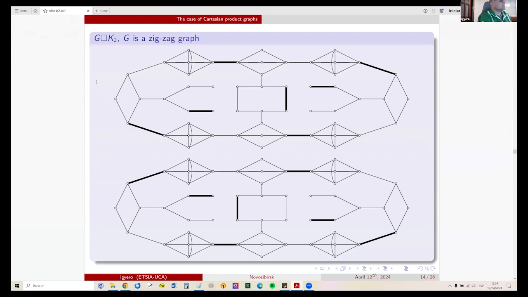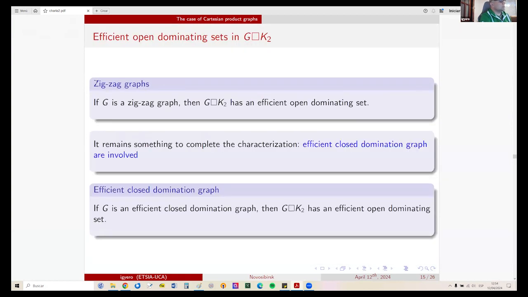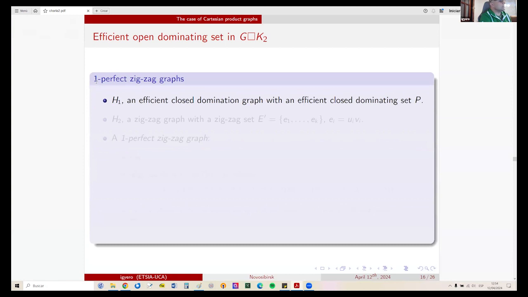This case, we have also this case. And then what we call a one perfect zigzag graph. A one perfect zigzag graph is a graph which is obtained as follows. We take H1, an efficient closed domination graph, I mean a graph which has an efficient closed dominating set.